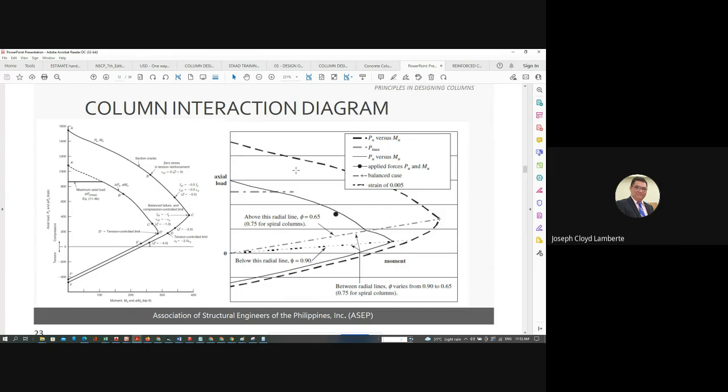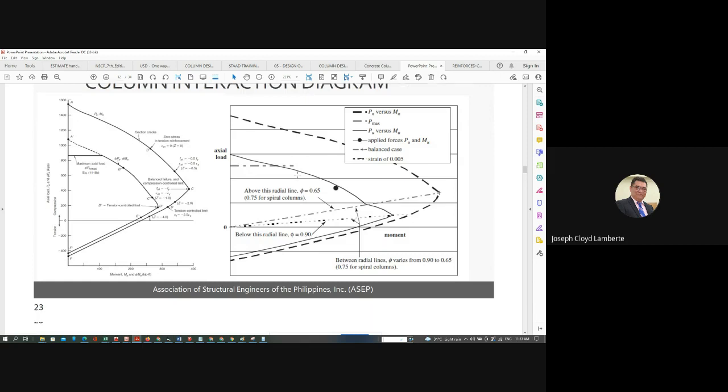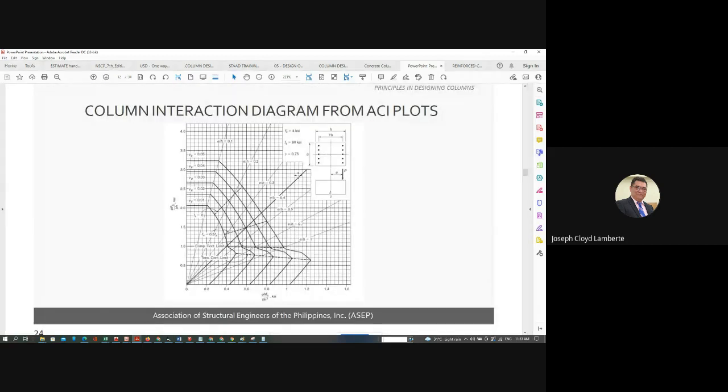Okay, I have discussed this one already. So, ACI also provided tables for us designers. If you cannot make your own interaction diagram, you can make use of the plots from ACI.